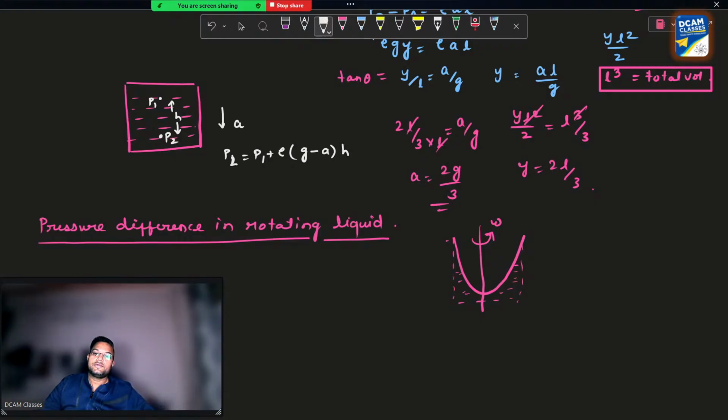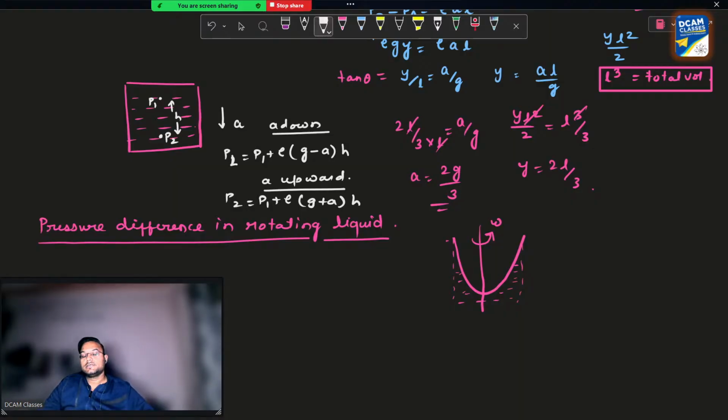If a was upwards, then P2 will be equal to P1 plus rho into (g plus a) into h.